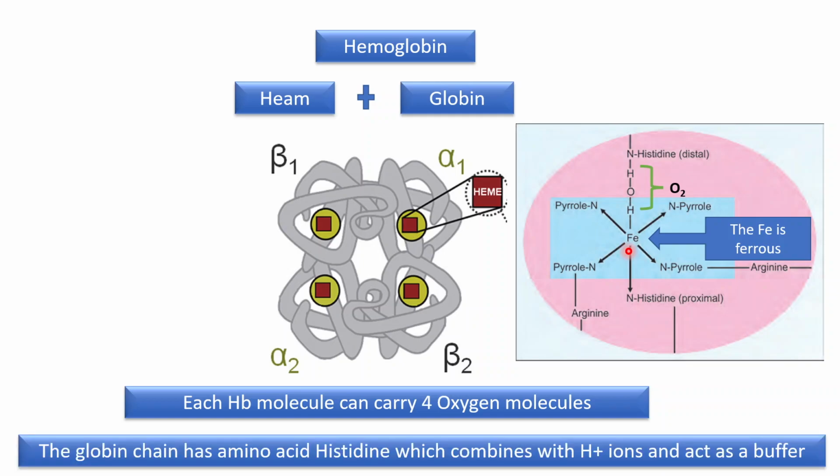Also, because of the presence of this histidine amino acid, the hemoglobin also acts as a buffer. This histidine amino acid combines with H positive ions and acts as a buffer. That means it will try and resist a change in the blood pH and try to keep the blood pH constant.